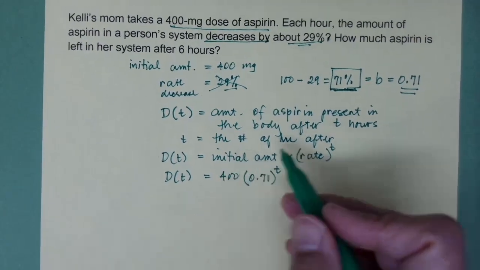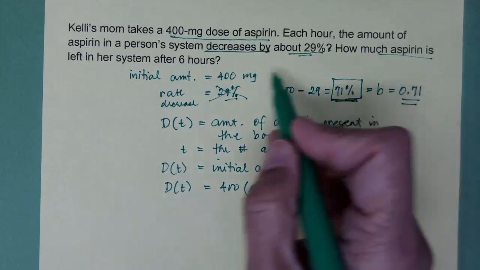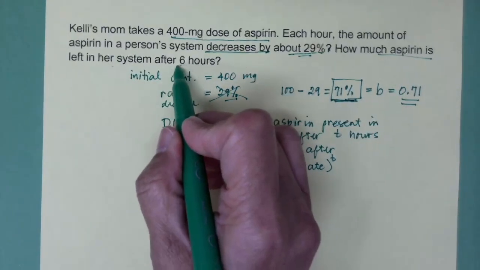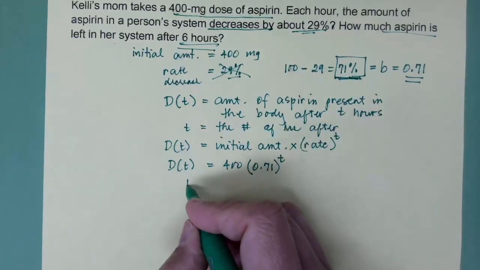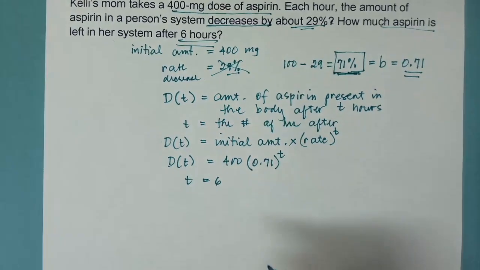Now, because we are asked how much aspirin is present in her body after 6 hours, our t is equal to 6.